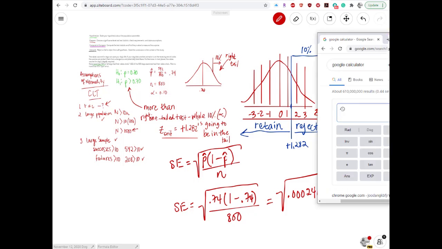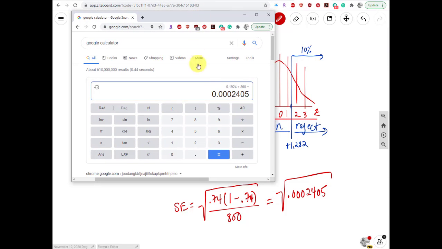What makes it nice when you're using Google Calculator is that instead of writing this all out again, you can just hit the square root key and then see this key right here that says ANS. That is the last thing that you calculated. And you can even check right here, see how it has ANS equals 0.0002405, the same thing that we had calculated.